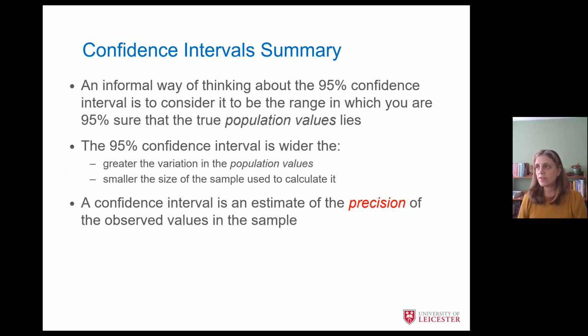Your 95% confidence interval is going to be wider in samples where there's greater variation in the population values, and also when your sample is smaller. So a larger sample size results in a narrower confidence interval because you're reducing the uncertainty in your results. And a confidence interval is an estimate of the precision of your observed values in the sample.